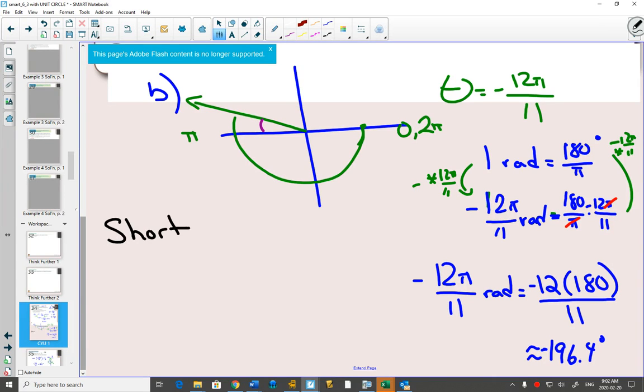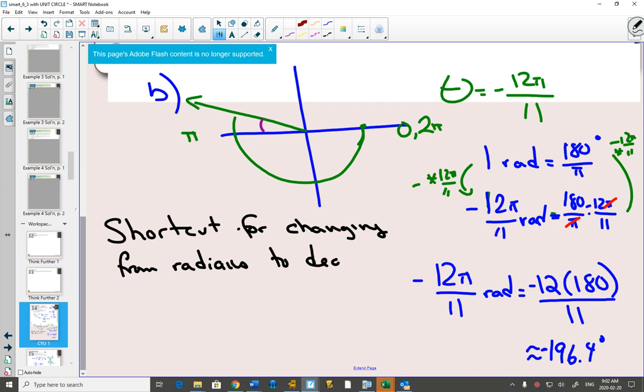And we're also going to make a note of a shortcut for changing from radians to degrees if there's a pi involved.